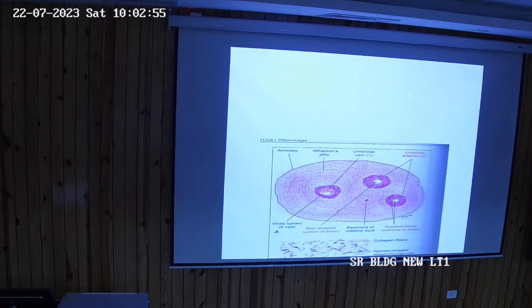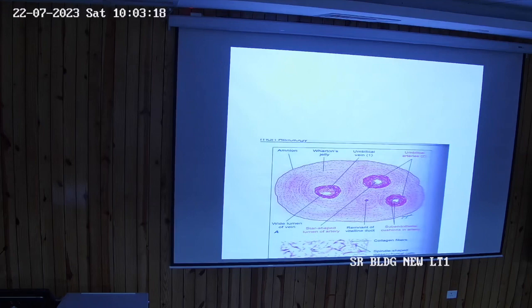The next slide, umbilical cord. The umbilical cord connects the placenta with the fetus, and it is very simple to identify.